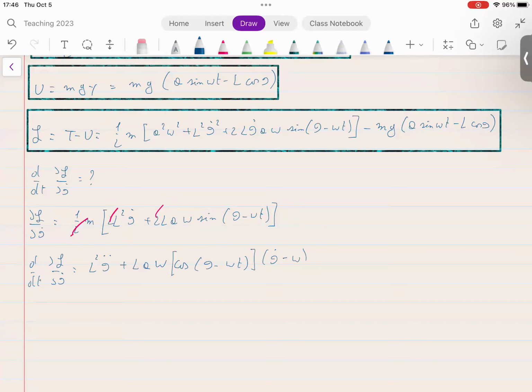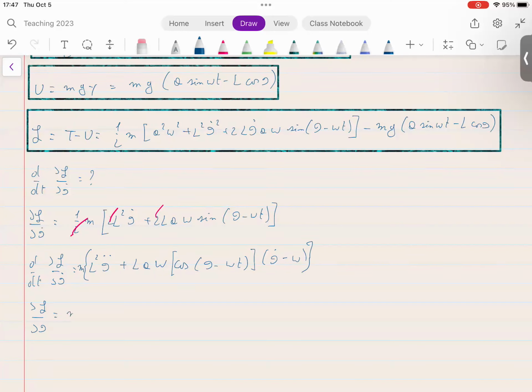The other piece is the derivative of the Lagrangian with respect to theta. It's fairly easy. So the first two terms don't depend on theta explicitly. The last term does. The third term does. Oops, I lost mass here. This all multiplies m.